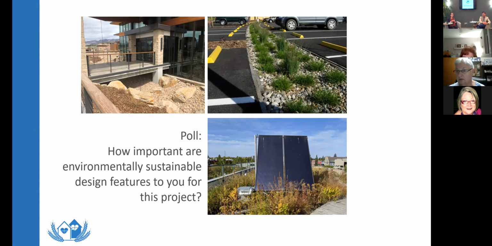We need to ensure that the orientation of the facility responds to the site, so that's also environmentally sustainable. You can take advantage of the orientation of the sun, and take advantage of the existing trees to protect from winds. Those are also features that will help maximize the environmental performance of the building.